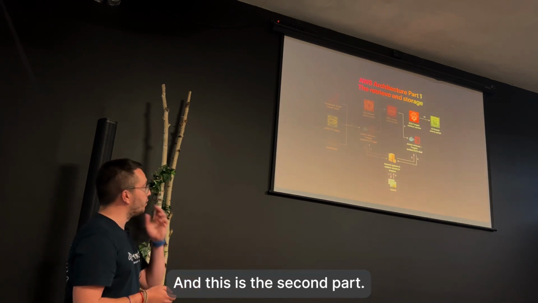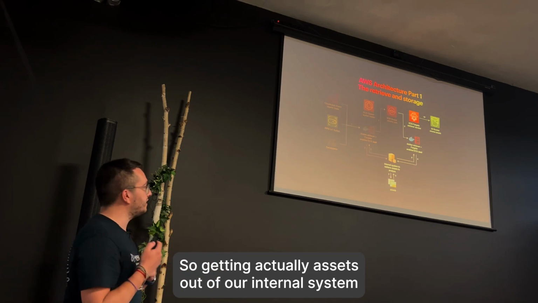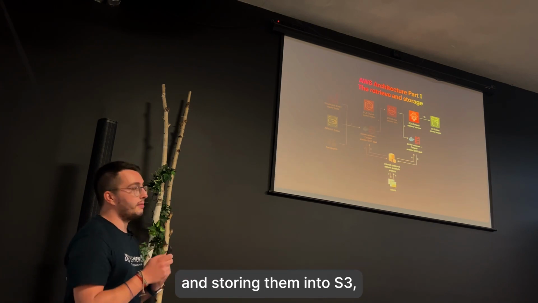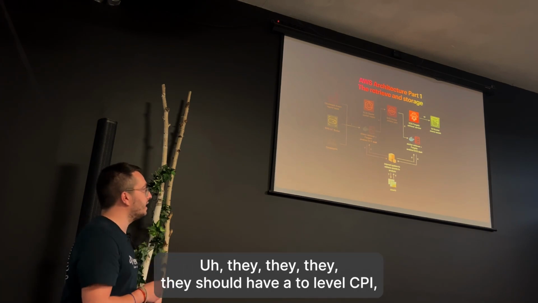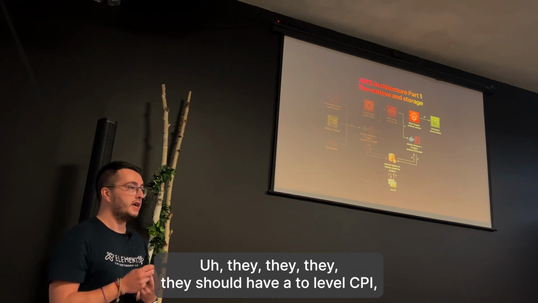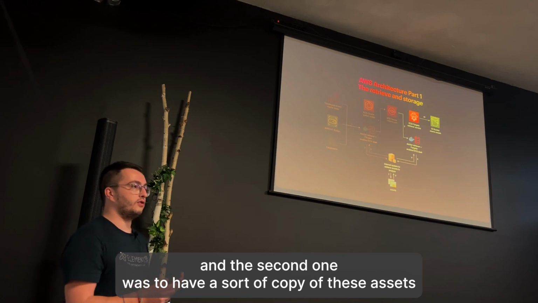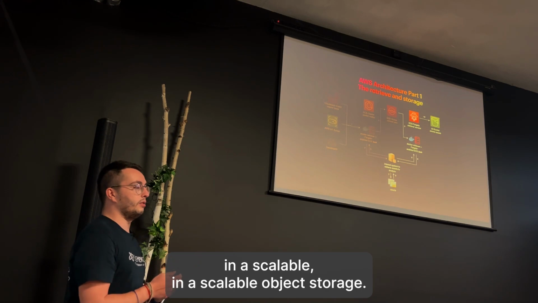And this is the second part: getting the actual assets out of our internal system and storing them into S3. This was done for two reasons. The first one is decoupling the two-level API, and the second one was to have a sort of copy of these assets in a scalable object storage.